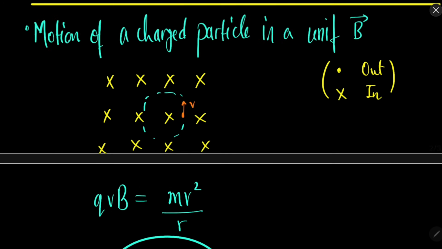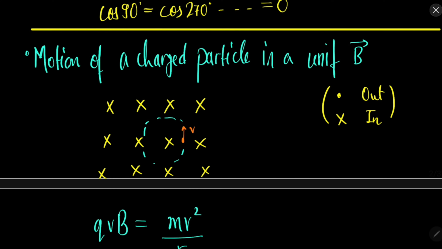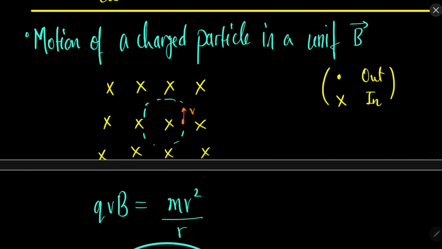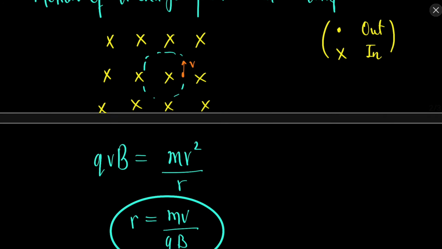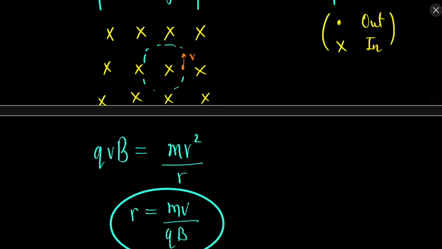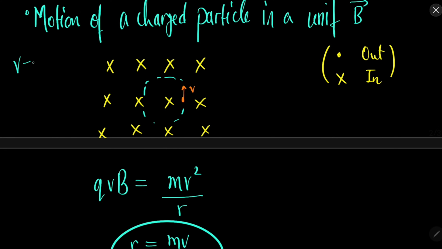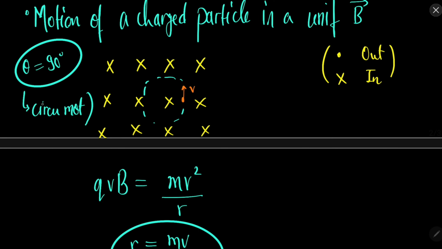Whenever a particle moves in a uniform magnetic field with the angle between magnetic field intensity and velocity being 90 degrees, there will be a circular motion. Okay, this is the first situation.